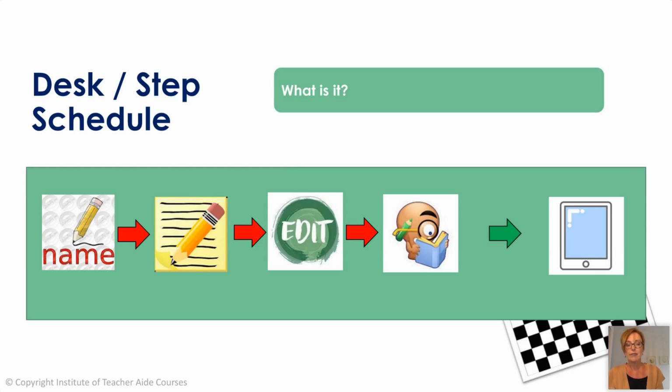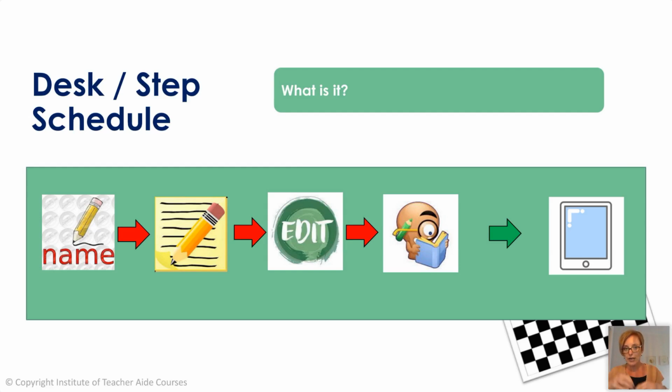Then you've got writing, so they've got to do the writing on the sheet. Then the next step on the desk schedule is edit. And then it says to reread. That means reread. I haven't put any words on that one either. Reread what you've done, and then you can have the iPad. And I haven't got words on that either, and I should have put words on those.